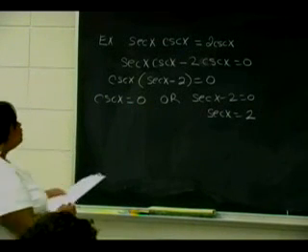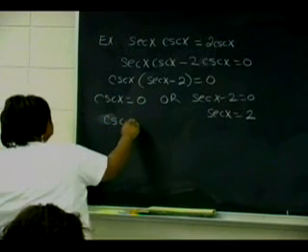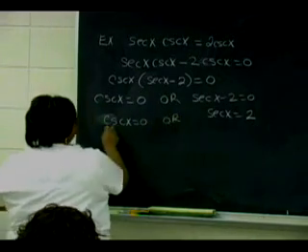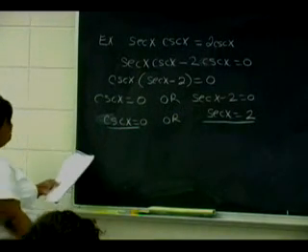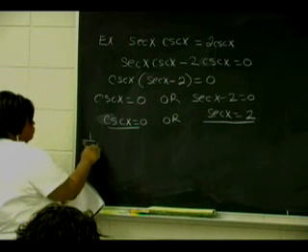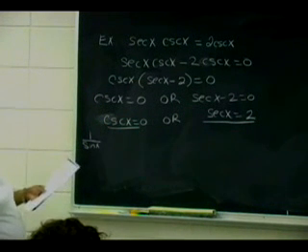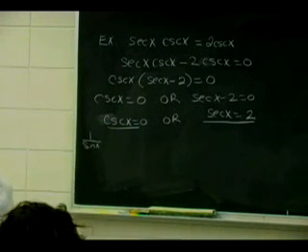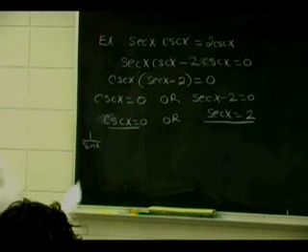Now, I need to find solutions for both of these. What is cosecant x? One over sine, right? Can I ever have it where cosecant x is 0? Let's think about that.